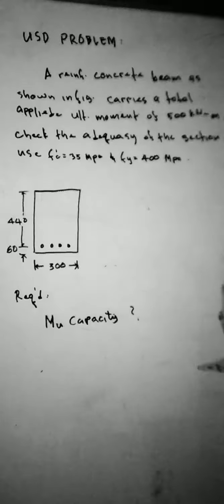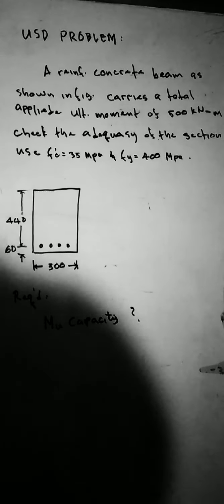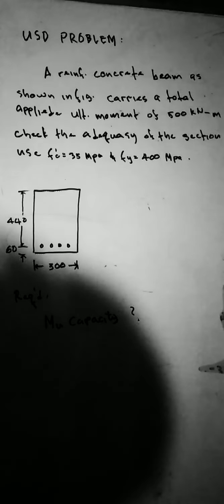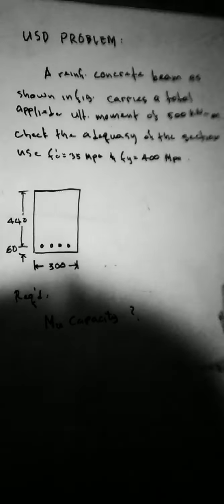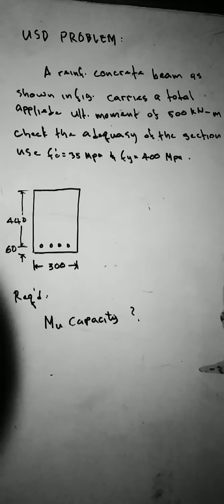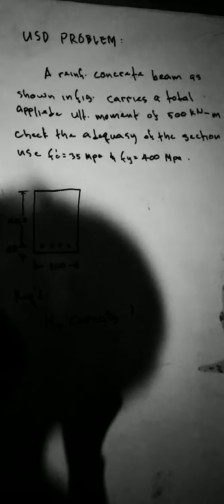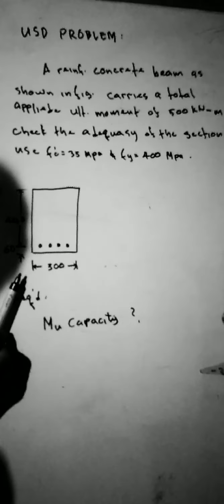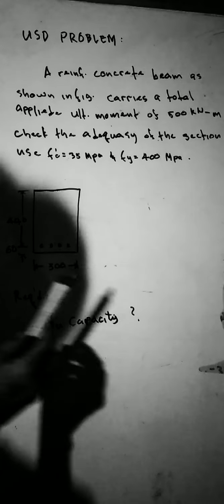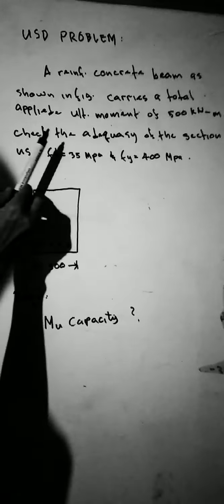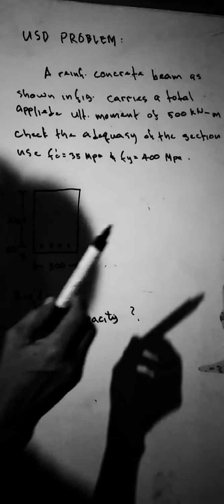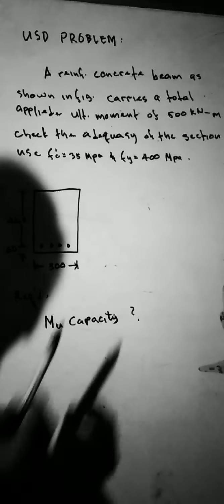Okay, we have here an example of a singly reinforced USD method problem. The problem says a reinforced concrete beam as shown in the figure carries a total applied ultimate moment of 500 kilonewton meter.